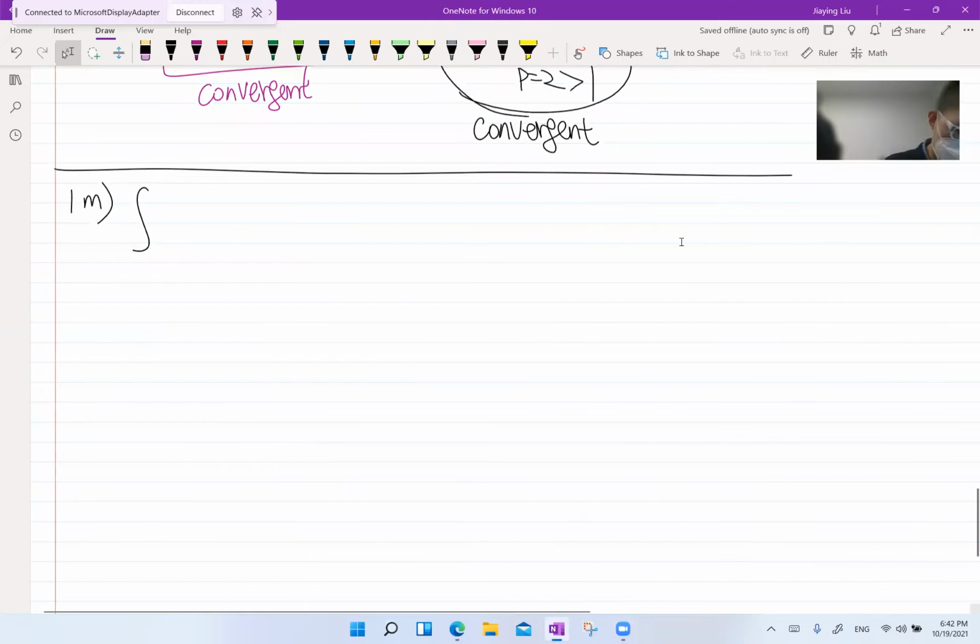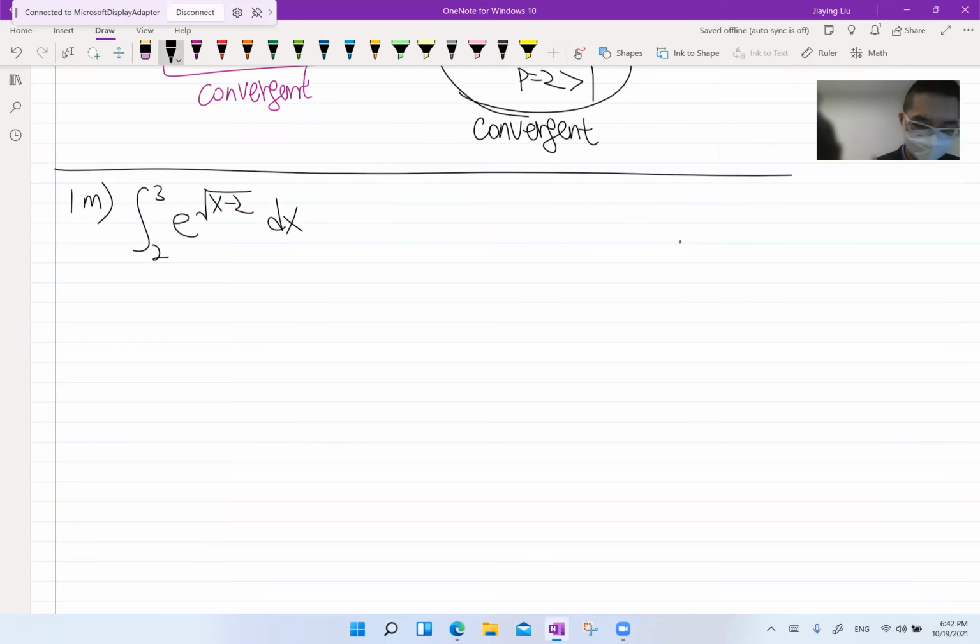All right, so 1M. We have the integral from 2 to 3 of e to the square root of x minus 2 dx. That's it, right?